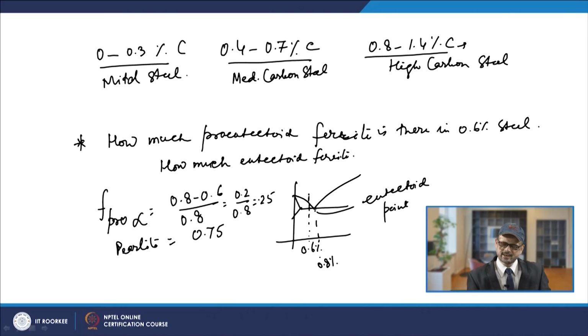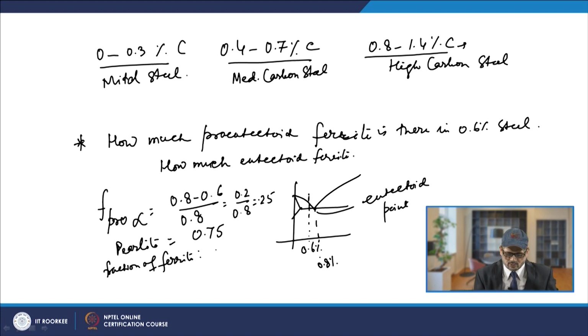If you try to find the amount of ferrite which is formed according to this reaction, it will be 6.67 minus 0.8 divided by 6.67. That will be the fraction of ferrite at the eutectoid point: 6.67 minus 0.8, that is 5.87, divided by 6.67.